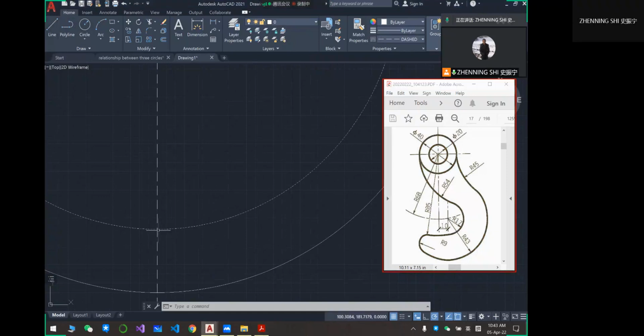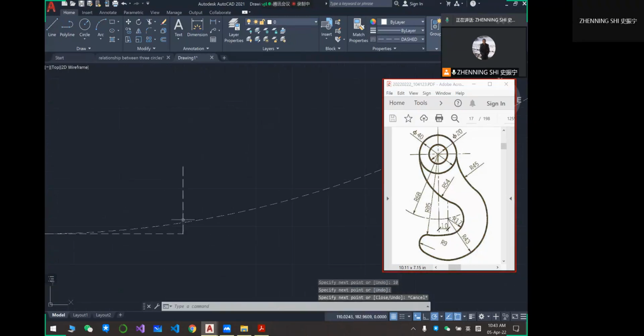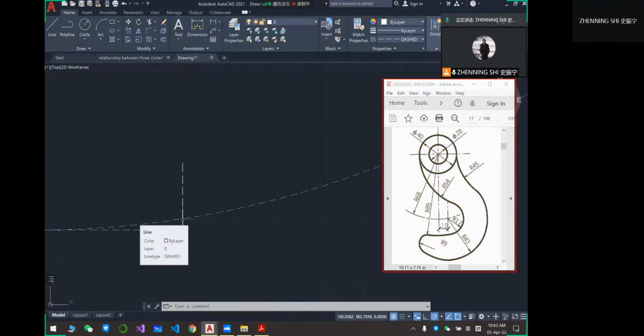So now I will draw a line with the distance of 10, and then you can find this position. You can find this cross point is the center of R17.